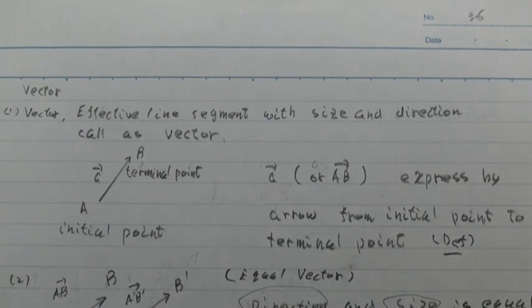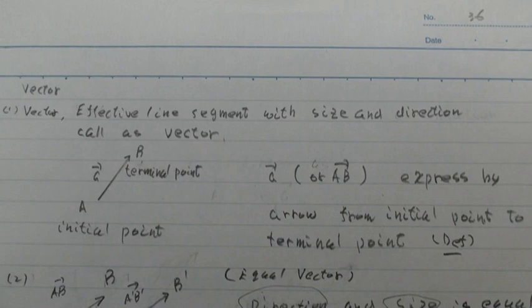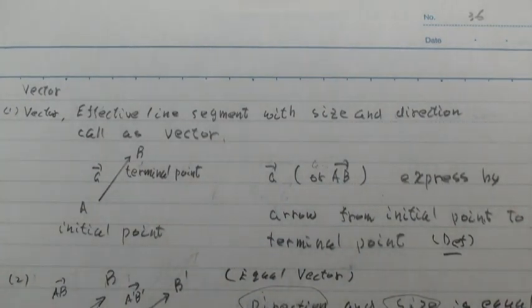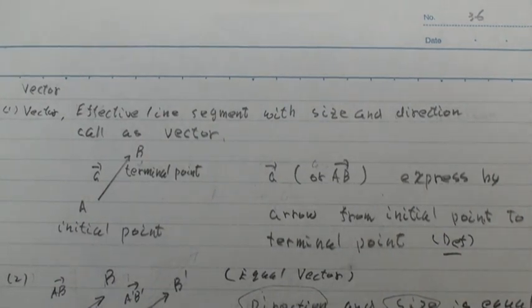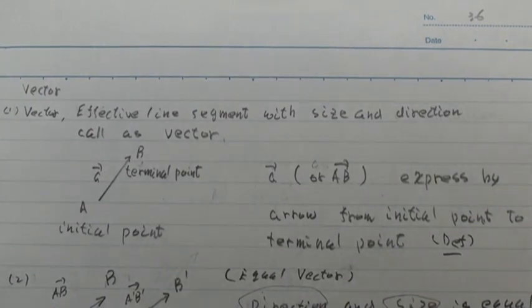Hello everyone, number 36, vector. Parenthesis 1, vector. An effective line segment with size and direction is called a vector.